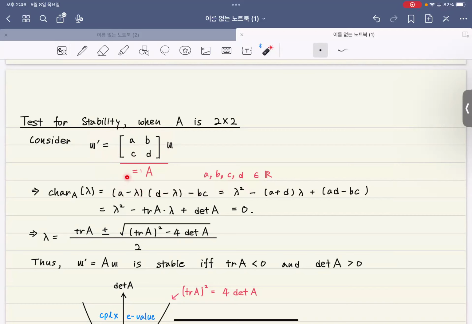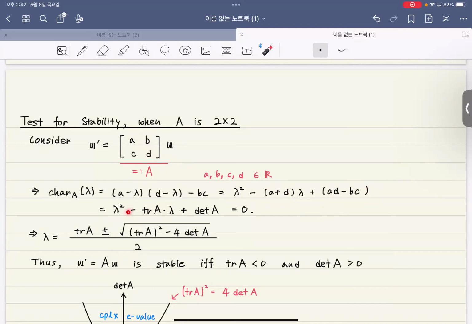The characteristic polynomial of this matrix is (a minus lambda) times (d minus lambda) minus bc, which is this. Solving this and writing in descending order, you're going to have this polynomial. But hold on. This coefficient a plus d is the trace of the matrix, right? And ad minus bc is the determinant.